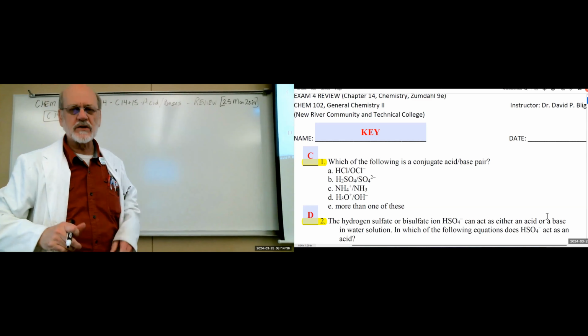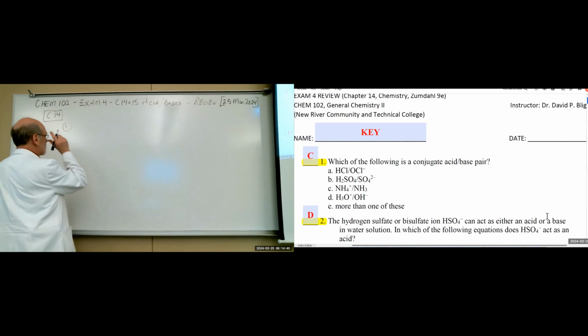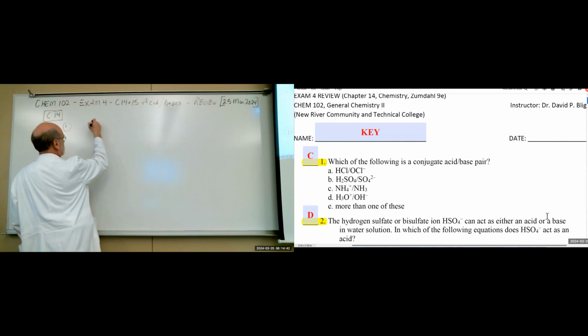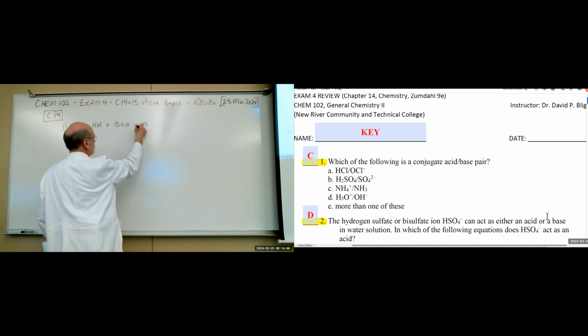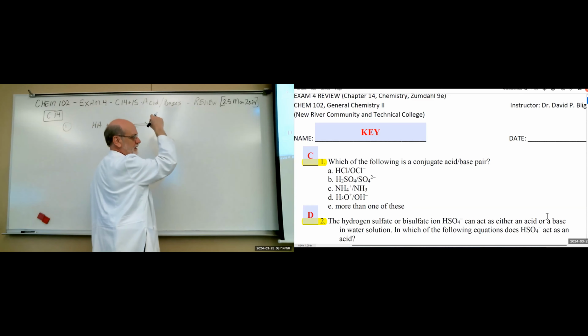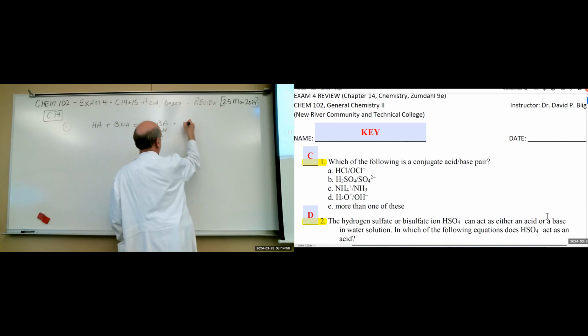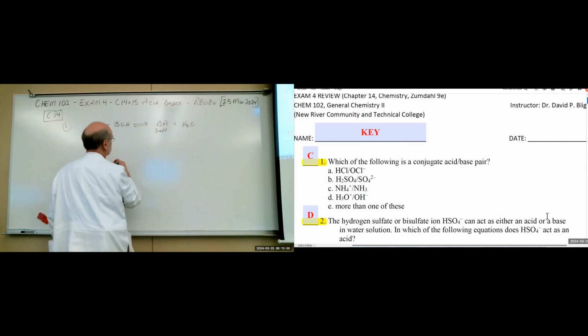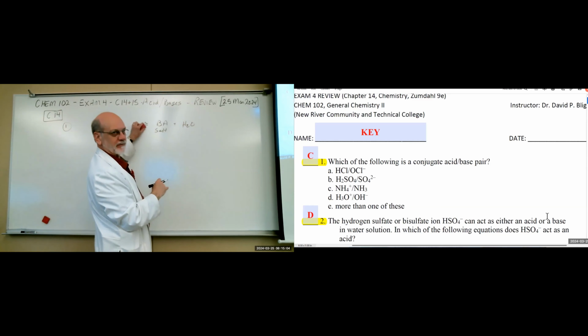Which of the following is a conjugate acid-base pair? Remember the definition: you've got an acid and a base yields what? Salt and water. Oops, sorry, wrong topic.